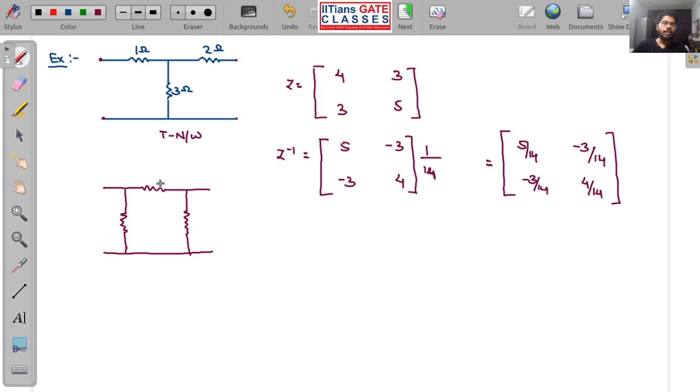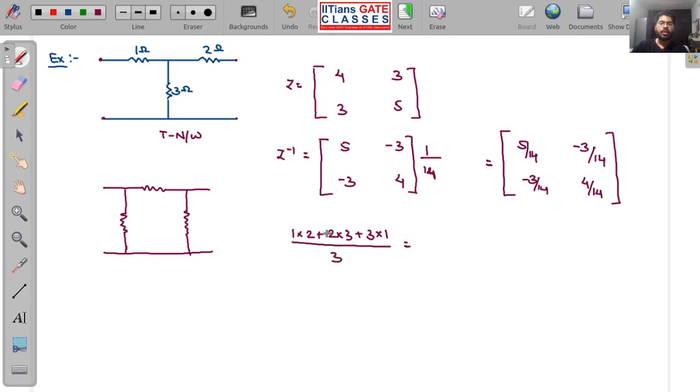So what will be this? In pi network, we know it will be a 1-to-1 multiplication. So 1 into 2 plus 2 into 3 plus 3 into 1. And for this branch, what is the opposite corresponding branch in the T network? You can see it is your 3. So divided by 3.